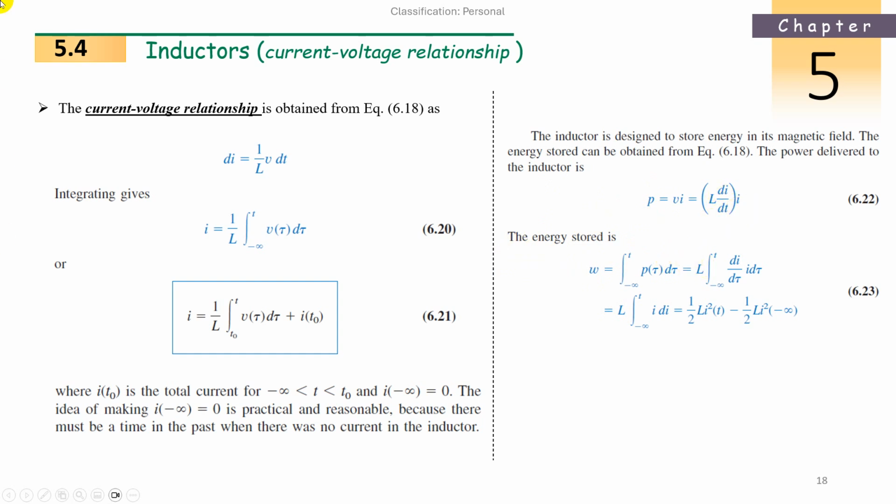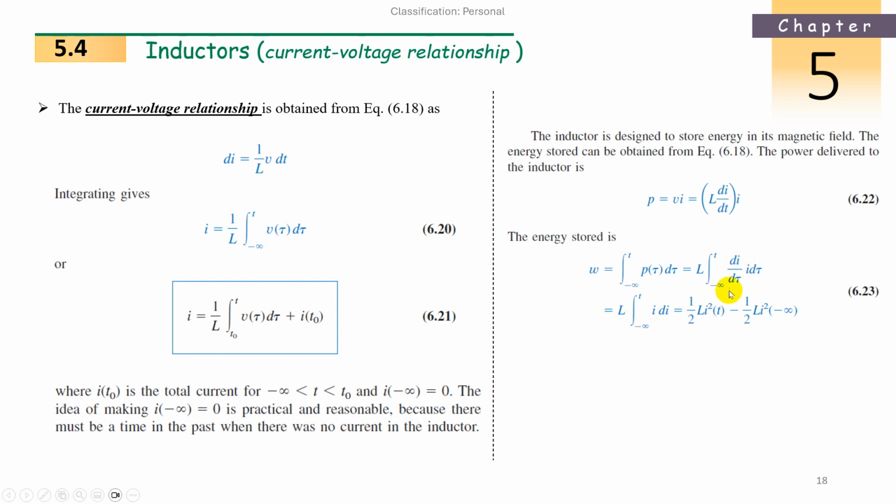So we substitute the power equation: L integral from minus infinity to t of di by d tau times i d tau. The d tau will cancel, and i di will remain, so we have to integrate i.